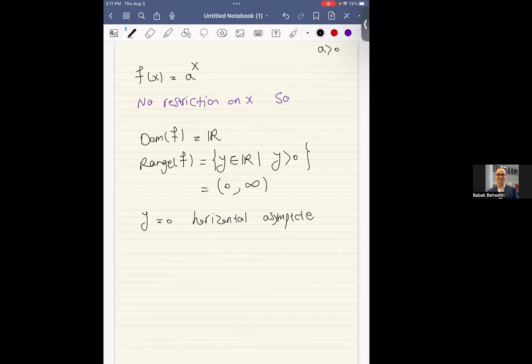Now, what if instead of a to the power x, I have something like this? Let's try to draw the graph and identify the horizontal asymptote, and also the range. Let me go to the next page.